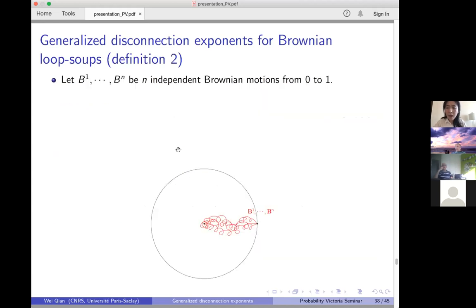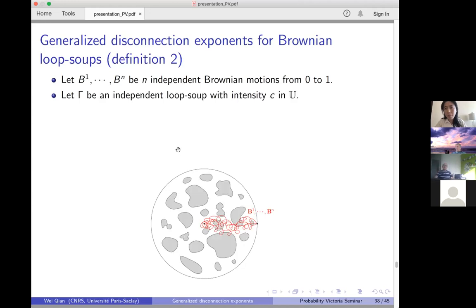But in our actual work, in this paper, we slightly modified this definition because it will be easier for us to compute the exponents, since we need to connect this definition to SLEs in order to compute. So we first move the starting and ending points of these n Brownian motions to the same points, 0 and 1. And then we add an independent loop soup in the unit disk.